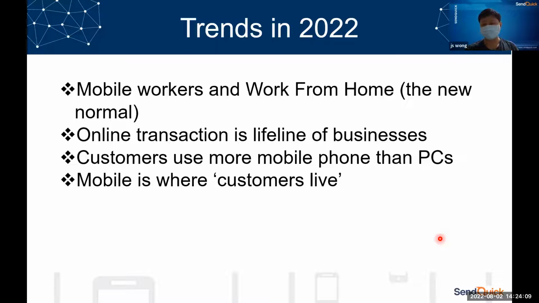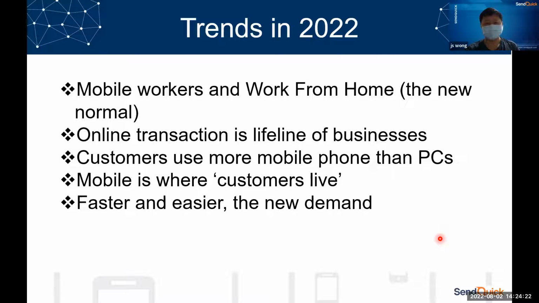Mobile is where the customers live: not only communication, but entertainment, TikTok, search, purchases, everything is on the mobile phone. It's the smart device that goes with you. And because it's faster and easier, there's a new demand for things to be done faster and easier.